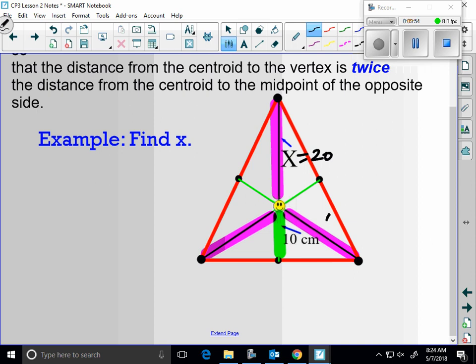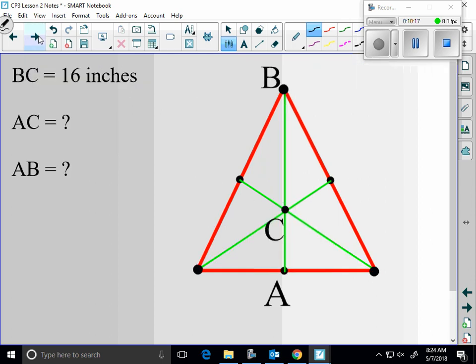Okay, so if this purple segment right here is, let's say, 15, what would Y equal over here? 7.5, right? What it does is it splits it into a 2-to-1 ratio. 1/3, 2/3.